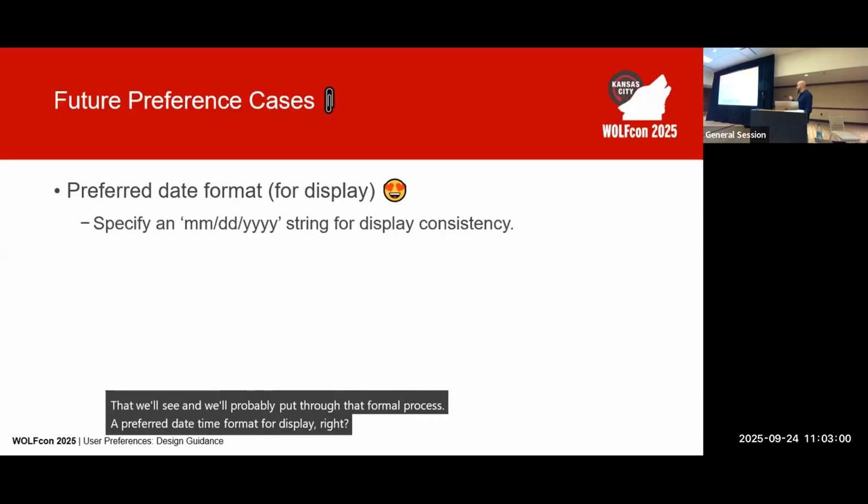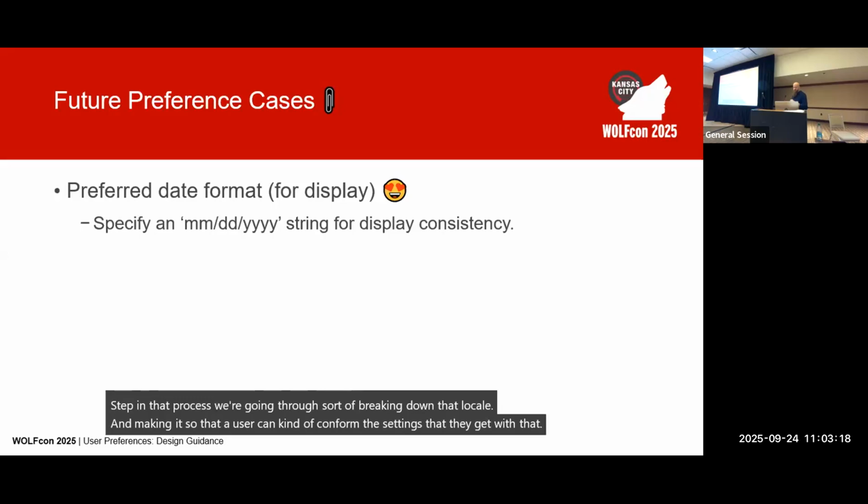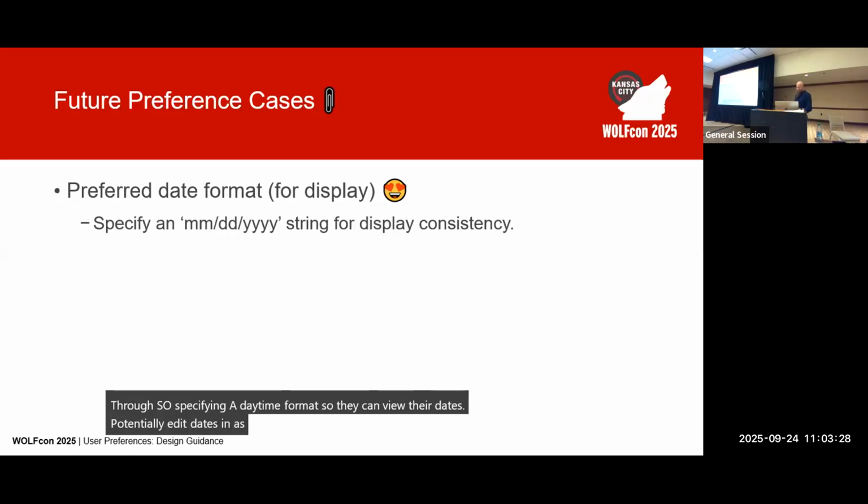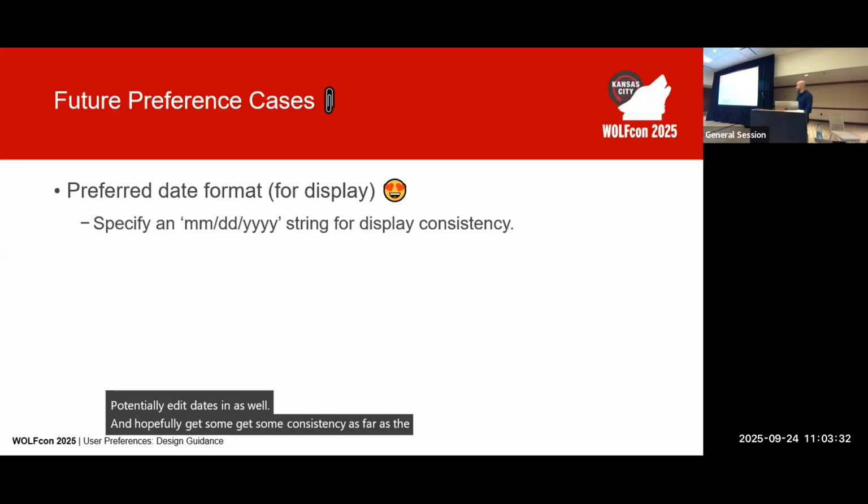This would be another step in that process we're going through of breaking down that locale and making it so that a user can conform the settings that they get with that. So specifying a date time format so they can view their dates, potentially edit dates in it as well, and hopefully get some consistency as far as the presentation layer from that.